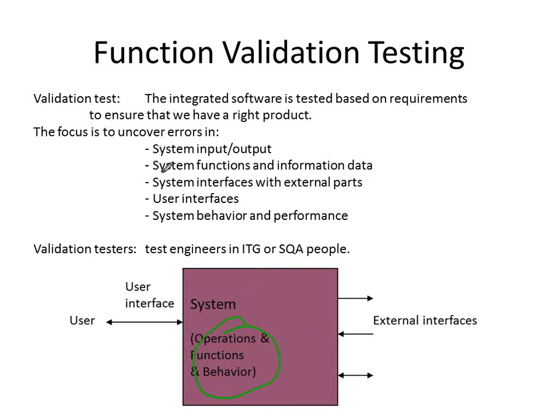Now you'll start going into your system behavior, your performance testing, your user interfaces, your system interface with external parts. And Google is not really a good example because there is a lot of unknown in Google when we talk about third-party interfaces. But think about Comcast or any credit card application, because that's where you have to go and talk to a government portal, and to credit bureaus.